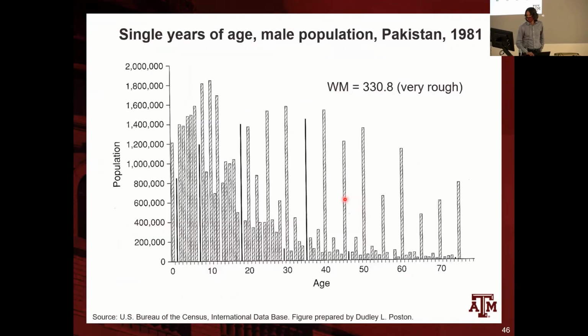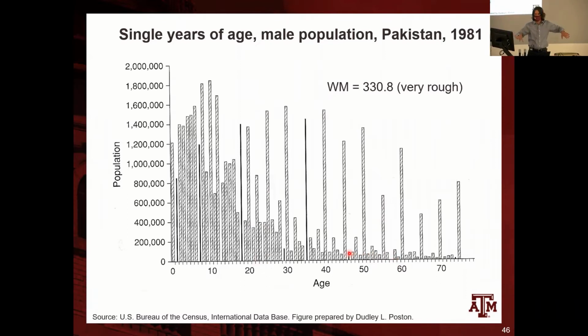Another example, Pakistan, 1981. Here you see all these peaks at specific ages. People report exactly 20, exactly 25, exactly 30, 40, 45, 50, 55, with a lot of variation, and really fewer people report ages around the ones I just read.